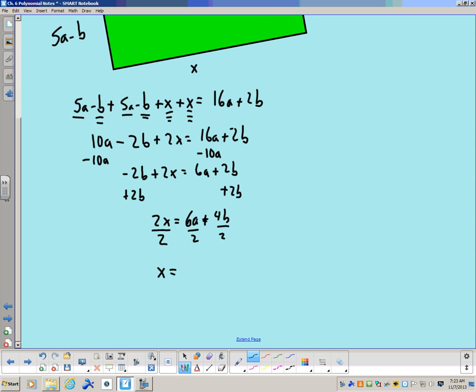Might be easier. So 6a divided by 2 here is 3a, and 4b divided by 2 here is 2b. So 3a plus 2b ends up being the length of that side. So length is 3a plus 2b.